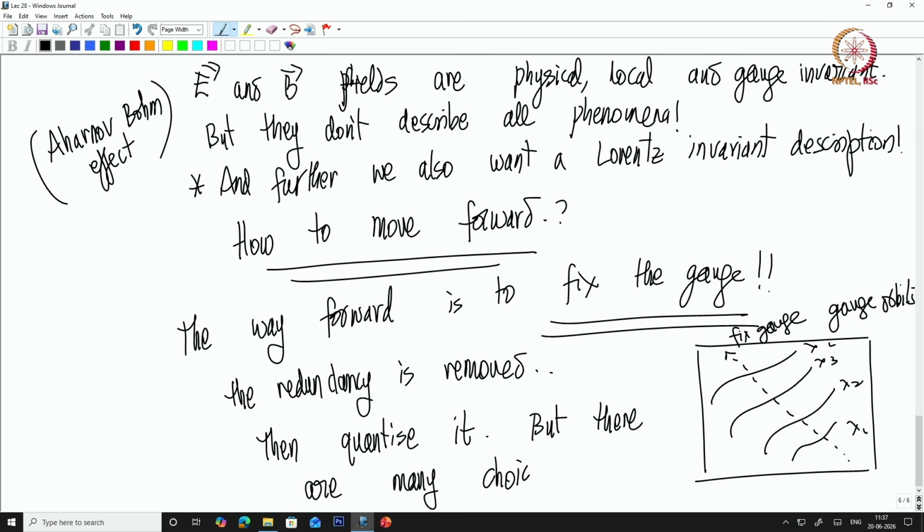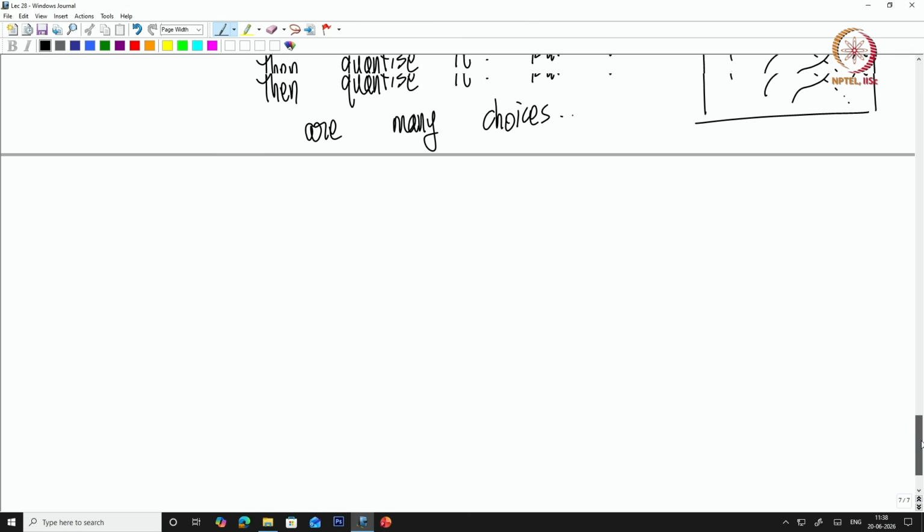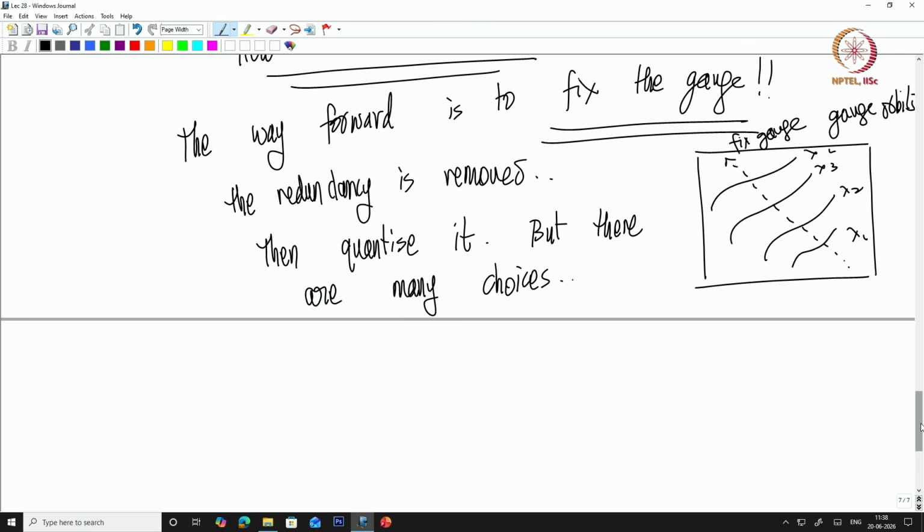So, let us see a couple of choices essentially. One of them is not completely Lorenz invariant, and the other one is Lorenz invariant. There are actually many choices, there are axial gauges and non-axial gauges and so on. So, let us look at two important gauges which we will consider.